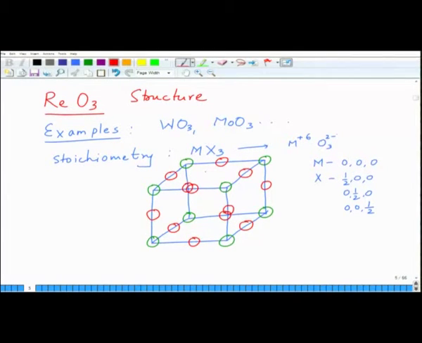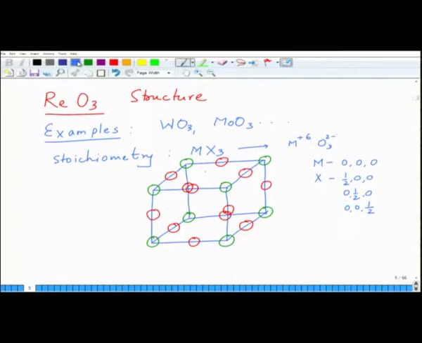So, what is the coordination of M in this case? If you go in this direction, in this direction, in this direction, you will have one O here, here and another O here. So, it will be 6-fold coordination.